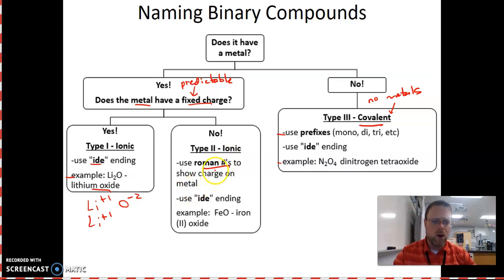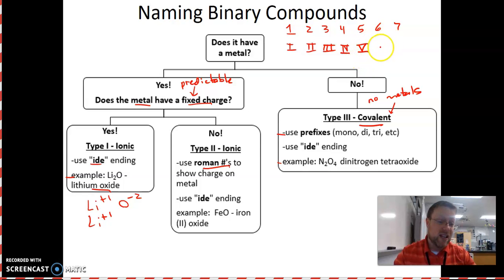Hopefully you know your Roman numbers, but if not, you probably need to learn them up to about 6 or 7. Let's take a quick look: 1, 2, 3, 4, 5, 6, 7. Roman numbers are just I. The Roman number for 5 is a V. The Roman number for 4 is 1 before 5, and so they write this as an IV.